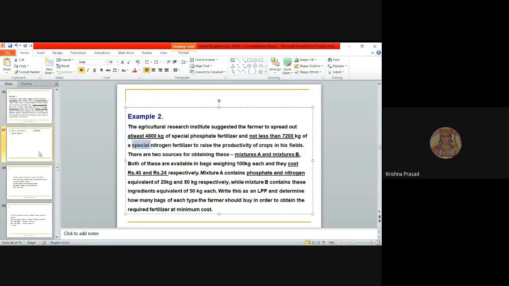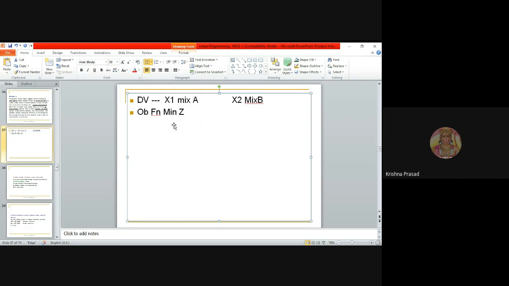Okay, phosphate and nitrogen. Now let us start. We are having mixture A adding mixture B.